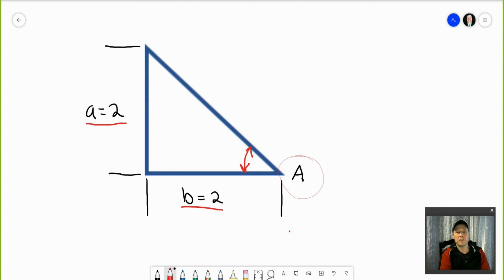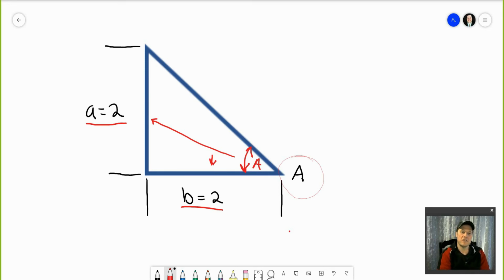You don't have to worry about the hypotenuse. Okay, we'll talk about that later. But angle A, which is this one here, has a direct relationship with this side and with this side, and these sides have a relationship with this angle, but it's all about ratio.